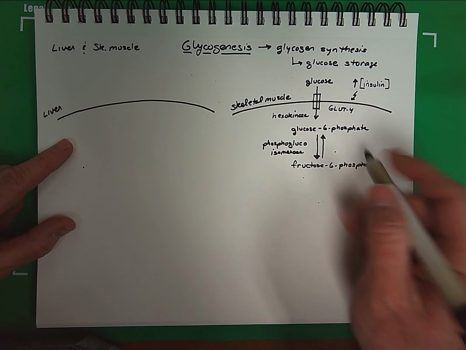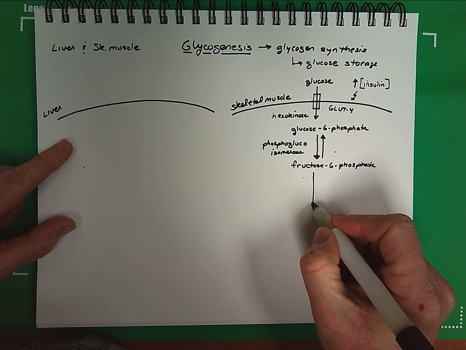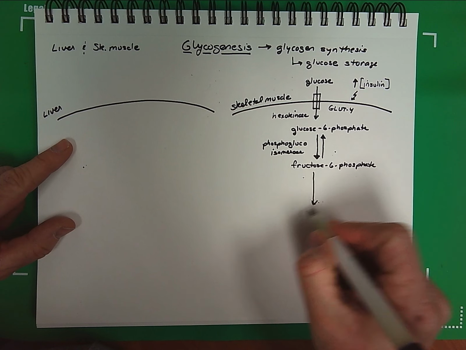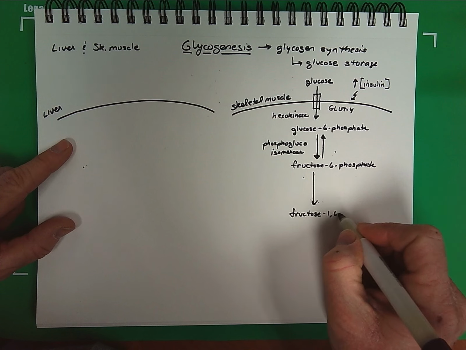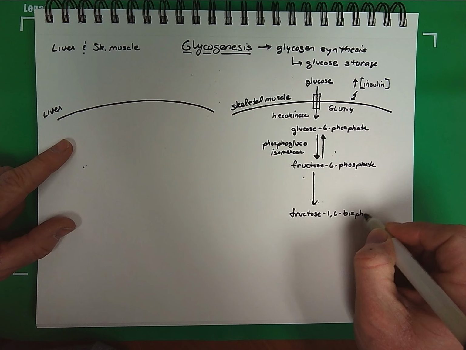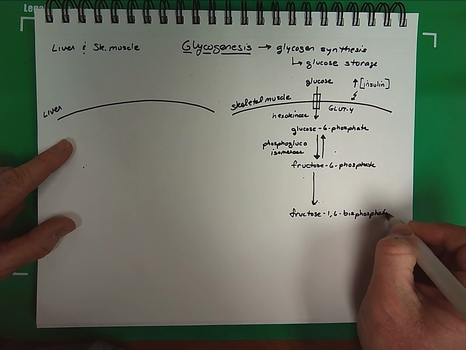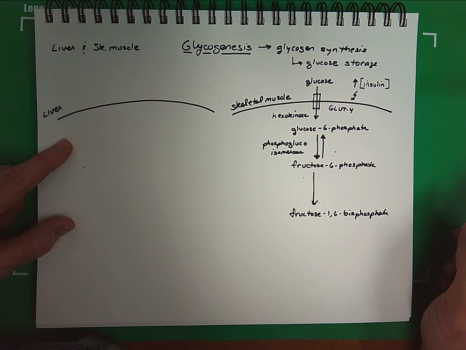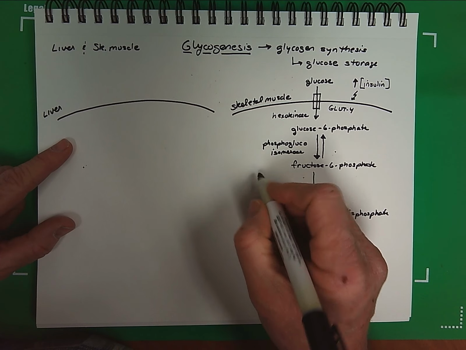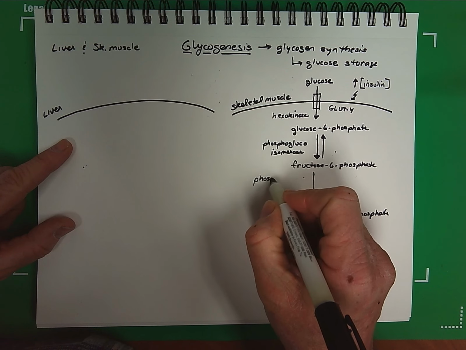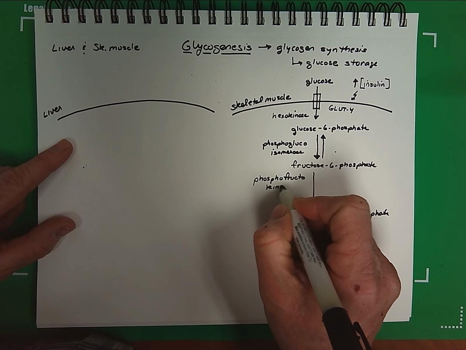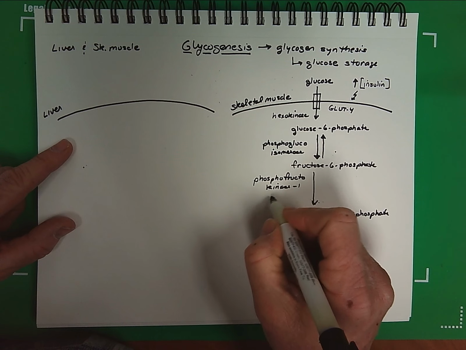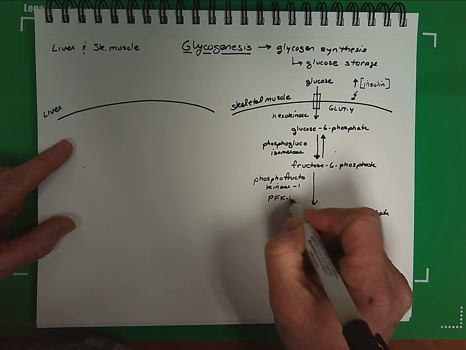Now the next step is the conversion of fructose 6-phosphate into fructose 1,6-bisphosphate. So these are simply the first couple of steps in glycolysis. The enzyme that performs this reaction is phosphofructokinase 1, abbreviated PFK1.